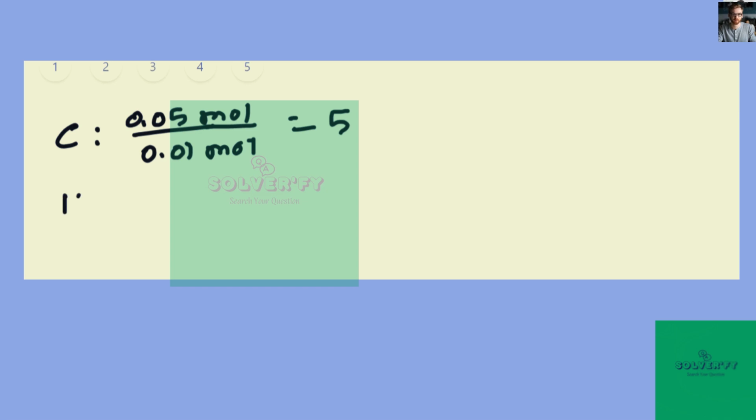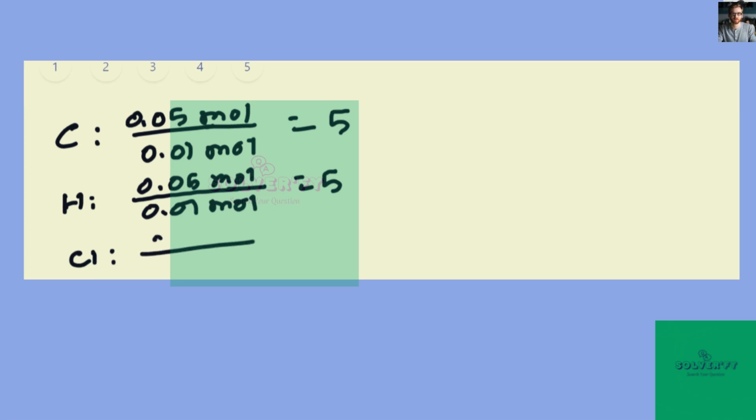Then similarly, the ratio for hydrogen will be also 0.05 mole over 0.01 mole, which will also be 5. And for chlorine, it will be 0.01 mole over 0.01 mole, which will be equal to 1.